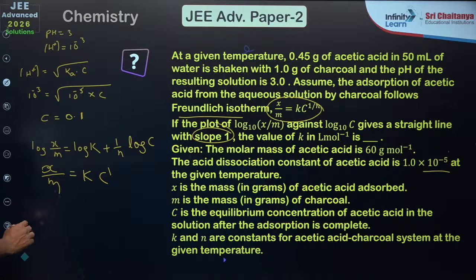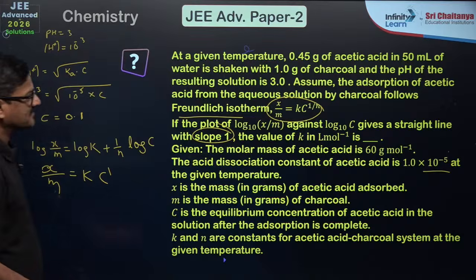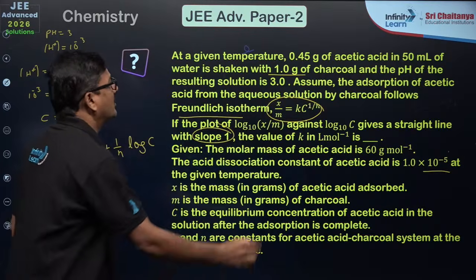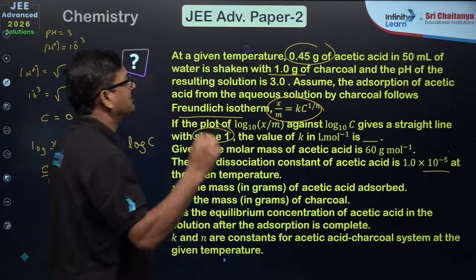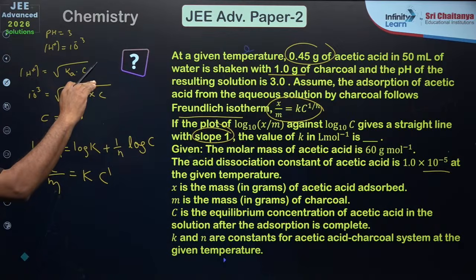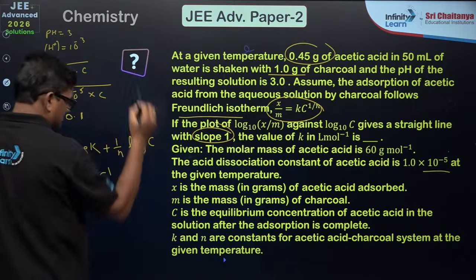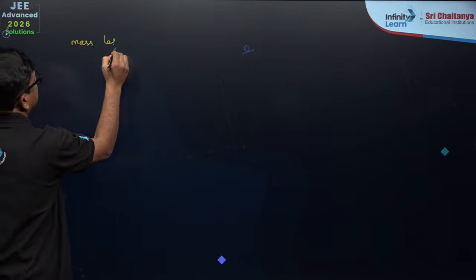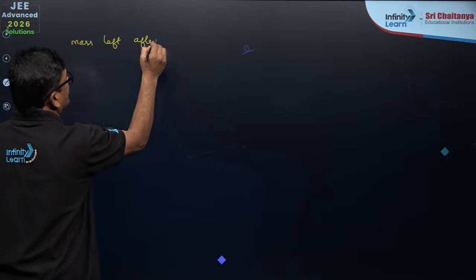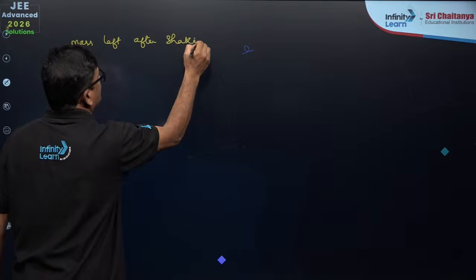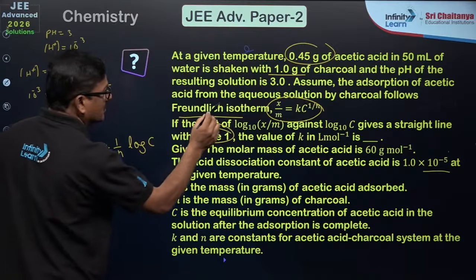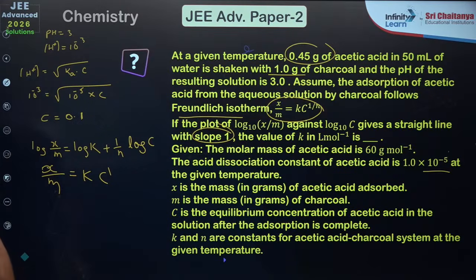So for the mass left after shaking, you are going to see 1 gram of charcoal, 0.45 gram of acetic acid and 50 milliliters, so the mass left after shaking is coming to be 10 power minus 1.